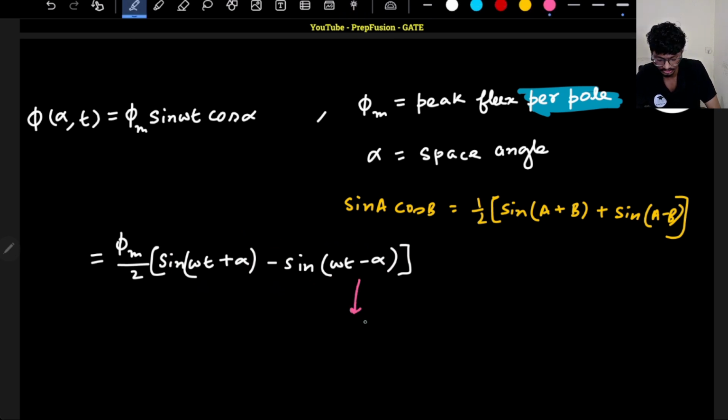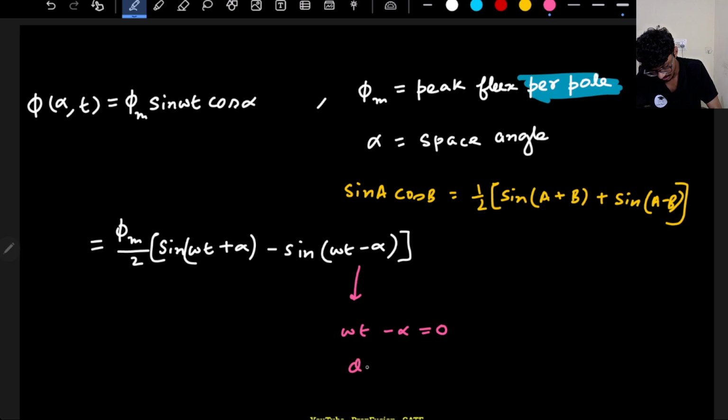Here we knew this was a rotating field rotating with a speed of omega. Because if I equate omega t minus alpha equal to 0 and differentiate, omega will be equal to d alpha by dt.